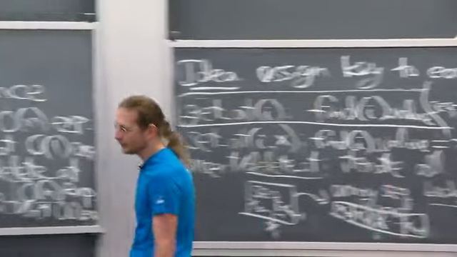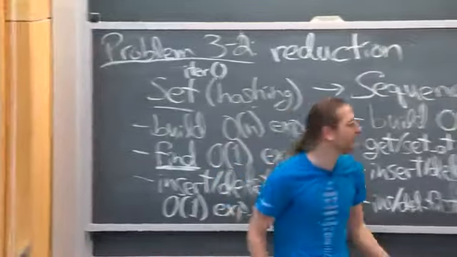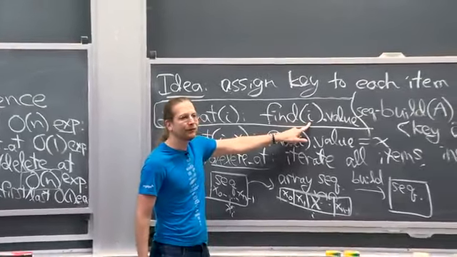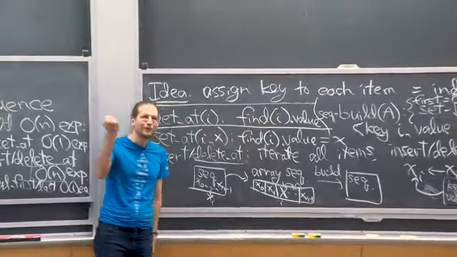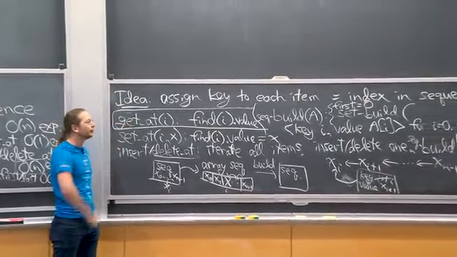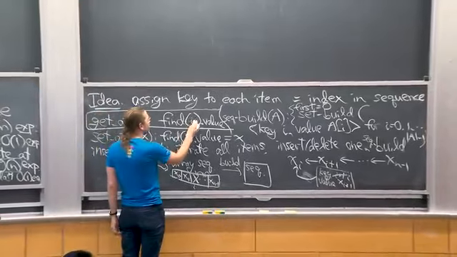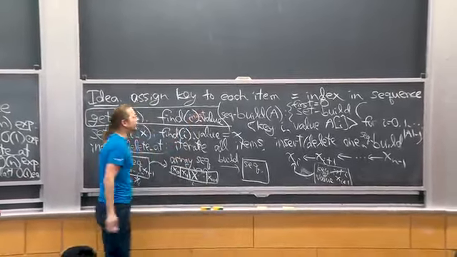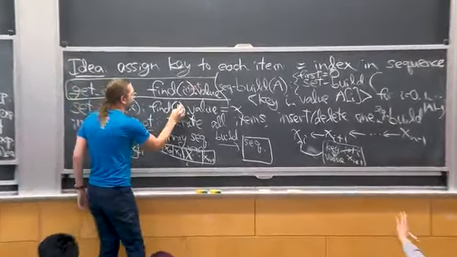Let me use another color. Because I was implicitly assuming here that all my indices started at 0, but now they start at first. The index 0 maps to key first. And so the right thing to do here is plus first. And plus first.